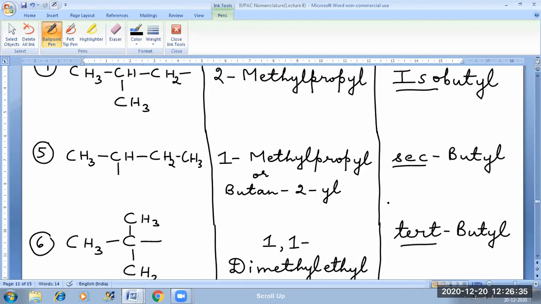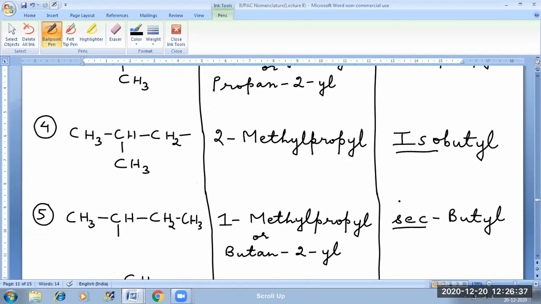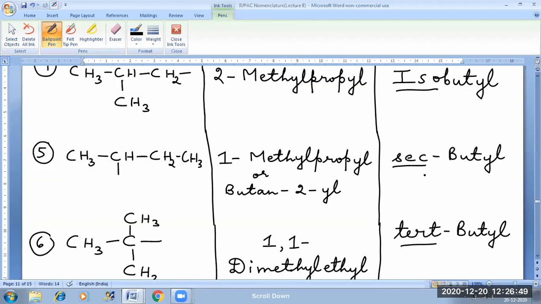So iso and neo are considered in alphabetical order. So that I of iso will be taken for alphabetical consideration. Similarly, the N of neo will also be taken into consideration. But sec and tert, that is S of sec and T of tert, are not taken when deciding alphabetical order. So you will ignore the presence of those.